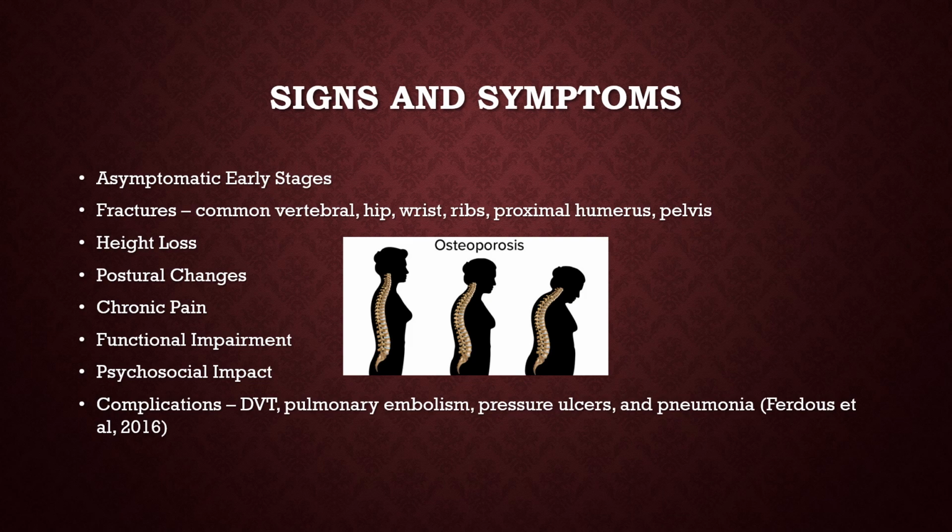Additionally, there can be complications caused by the fractures and osteoporosis. Having these fractures and osteoporosis can make individuals predisposed to DVTs, pulmonary embolisms, pressure ulcers from lack of mobility, and pneumonia, again, due to lack of mobility.